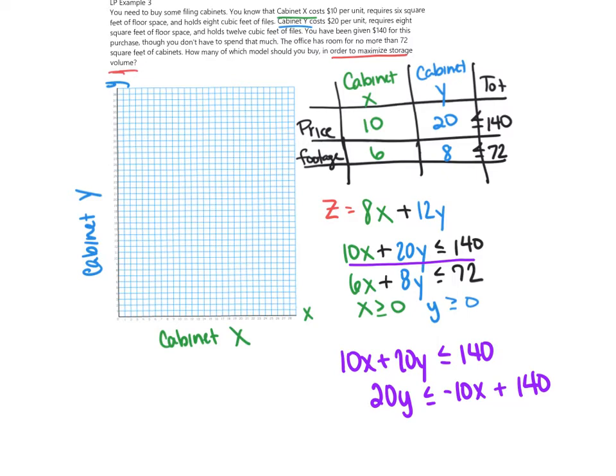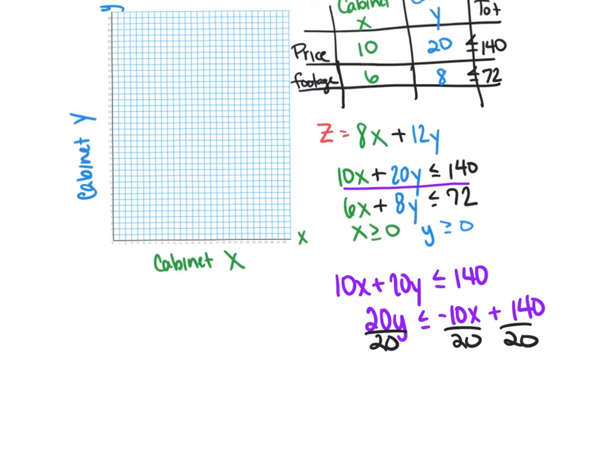I'll divide everything by 20, and I get Y less than or equal to negative 1/2 X plus 140 divided by 20, which is 7.